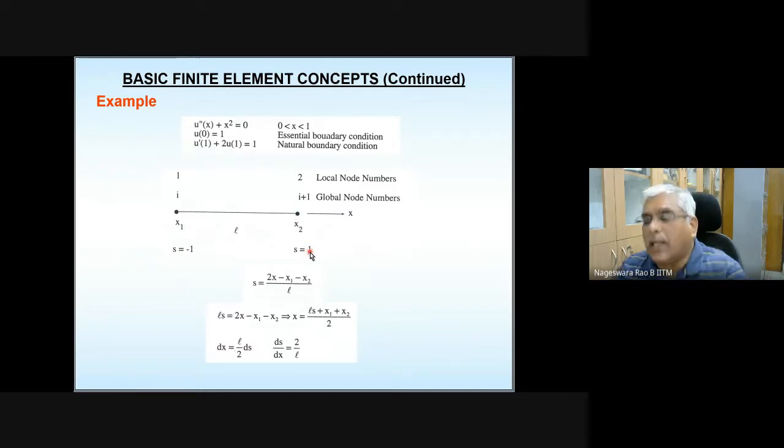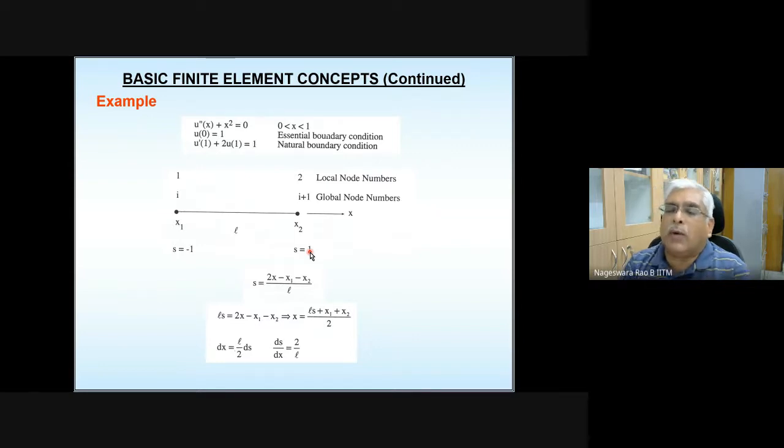So now what is the relation between x and s? That relation is not so complicated as you may be imagining. You need to go back to your basic coordinate geometry.